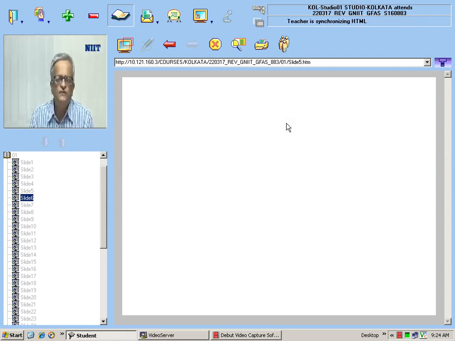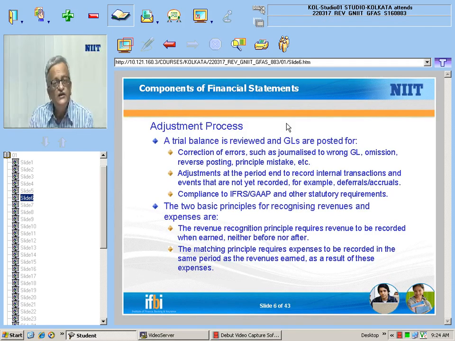Adjustment process. Adjustment, as I told you, means all accruals, all deferrals, depreciation, adjustment for taxes, provision for doubtful accounts, provision for obsolete stationery; all these items are to be accounted for.